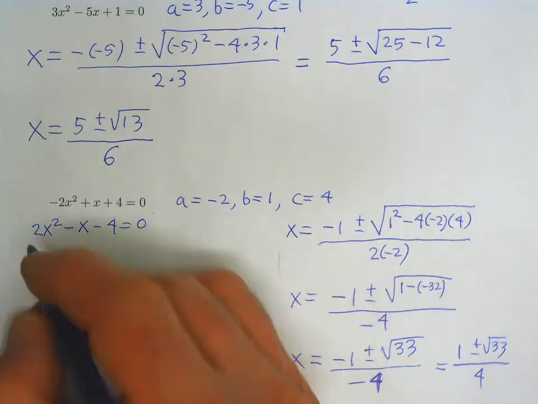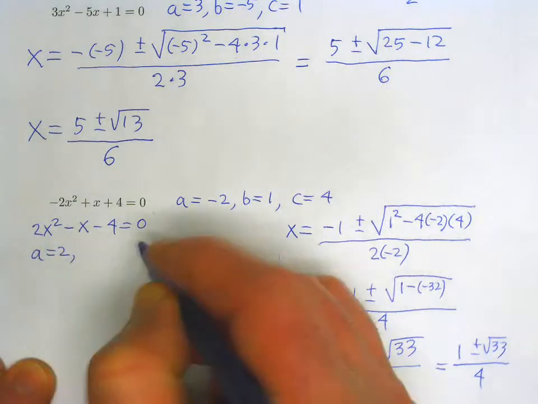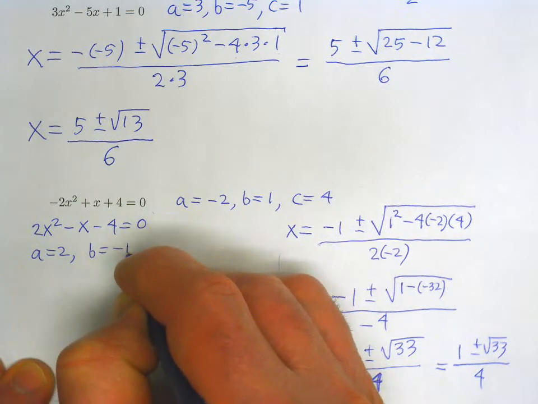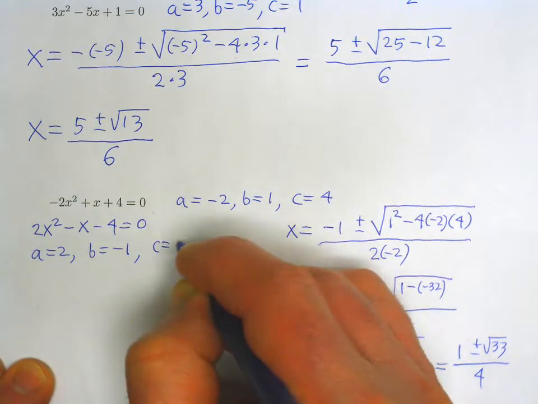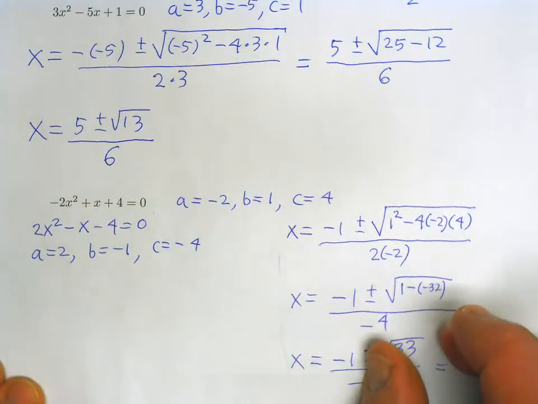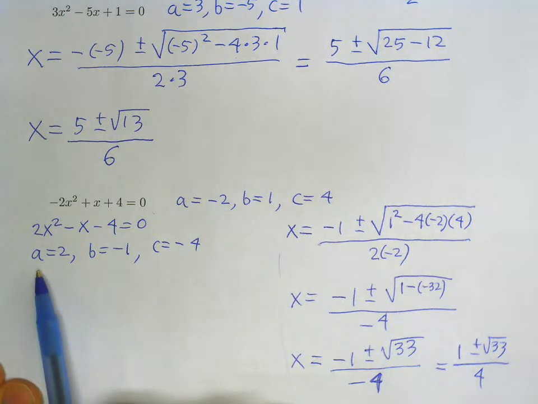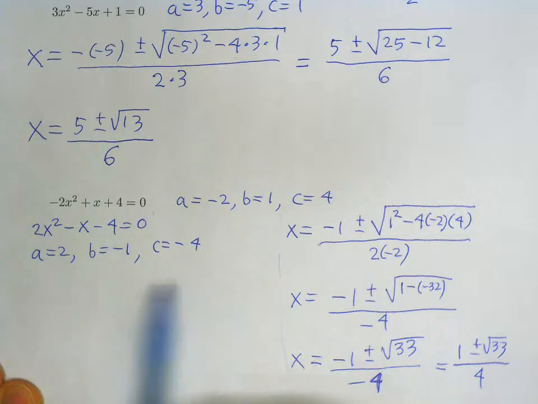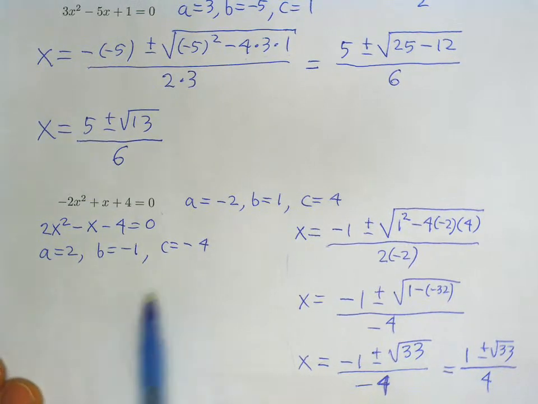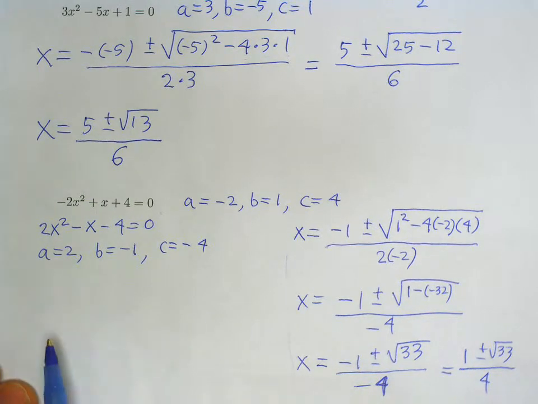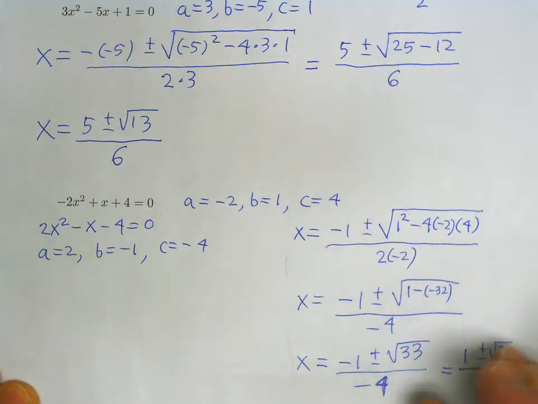So on this one, A is 2, B is -1, and C is -4. So we'll get started with the quadratic formula on this one. And then when we can identify that the solutions are indeed identical, then we can stop.